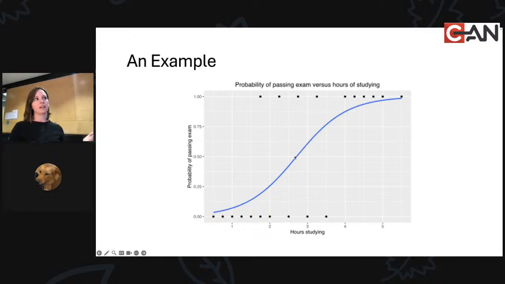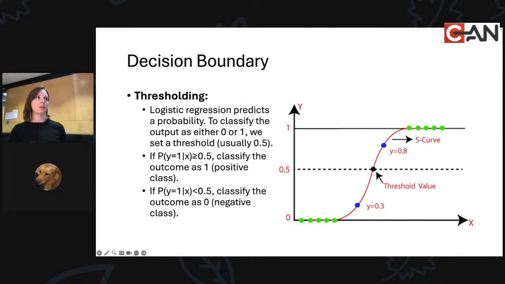Anything that is less than 0.5 from a probability, if the model says 0.45, 0.3, 0.2, it would predict that those individuals would not pass the exam. So that is a probability threshold. When logistic regression predicts its output, by default the output of the formula itself is a probability.